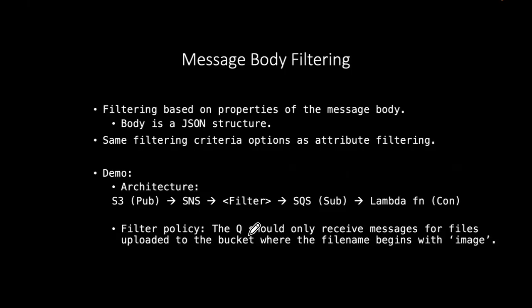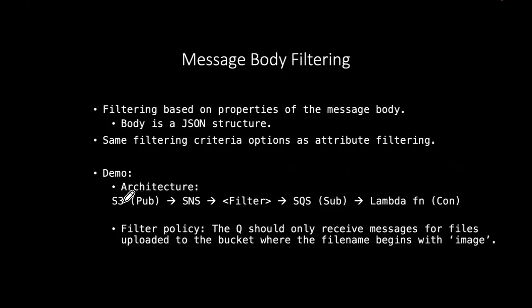The filtering is just going to say, if the name of the file that was uploaded to S3 begins with the prefix image, then let that message pass through to SQS. If the file name begins with anything else, then don't let it go through to SQS. So it's going to be another example of a match prefix filter, where we're prefixing based on the name of the file that was uploaded to S3.